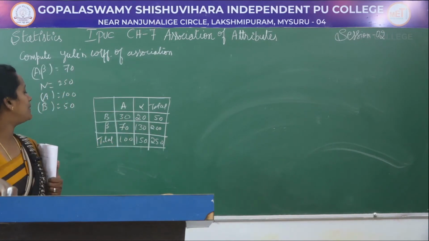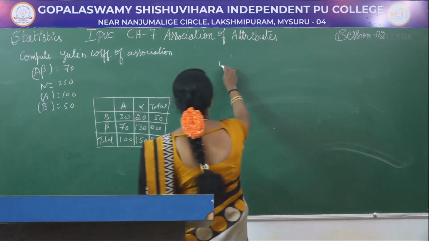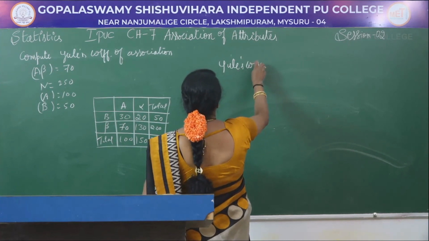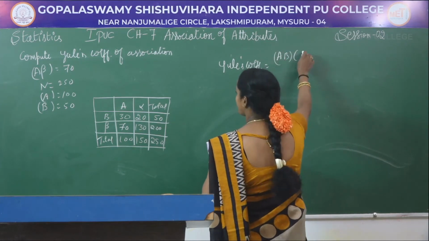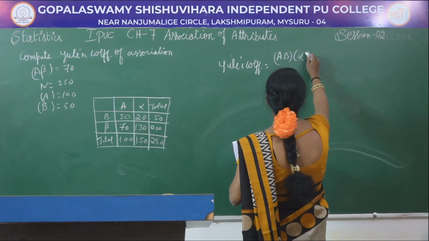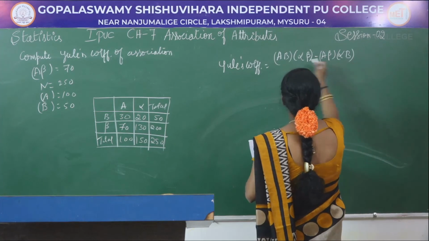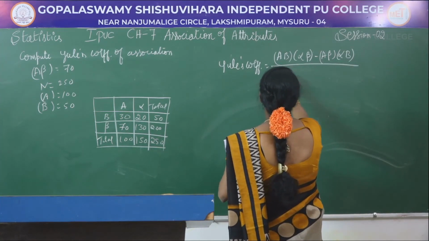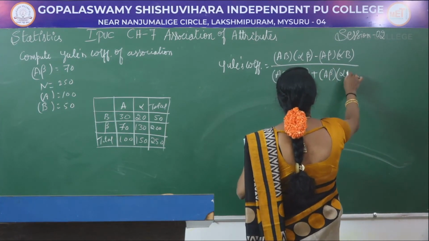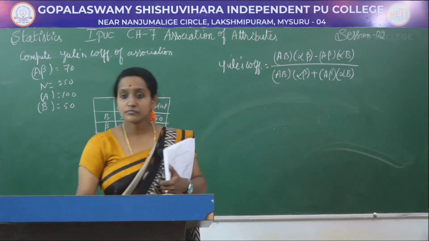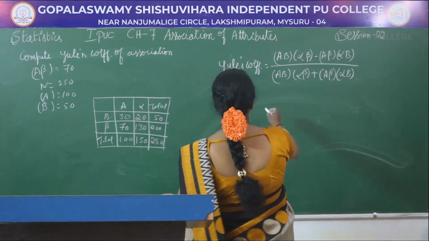Next, after completing this table, we will move on to the Yule's coefficient. First write down the formula. AB alpha beta minus A beta alpha B divided by AB alpha beta plus A beta alpha B. Next, after writing the formula, we have to substitute the values.